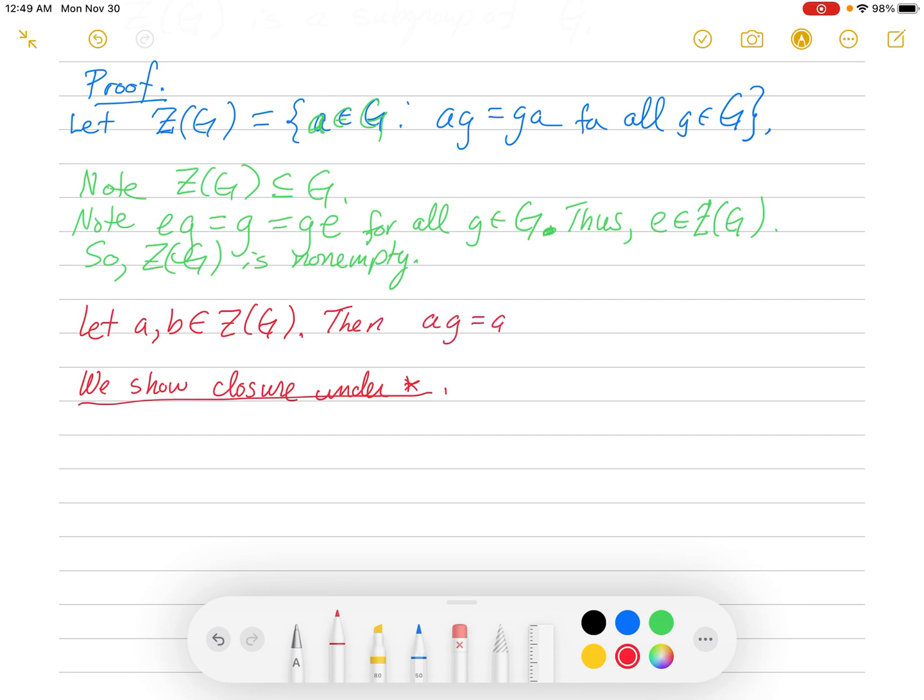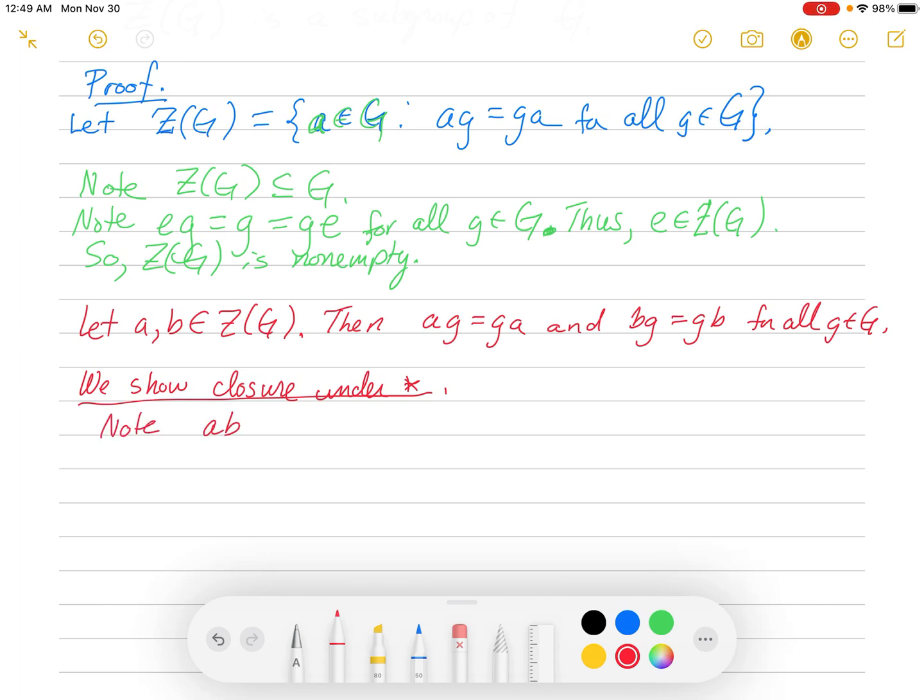What does it mean if a is in the center and b is in the center? That means ag equals ga, and if b is in the center, bg equals gb. This is for all g in G. I'm unraveling the definition of a being in the center and b being in the center.